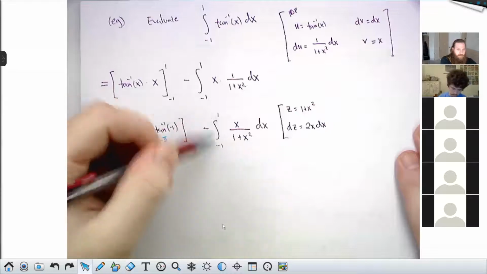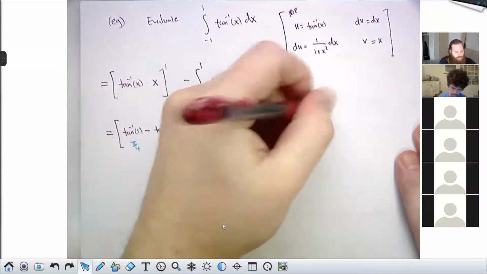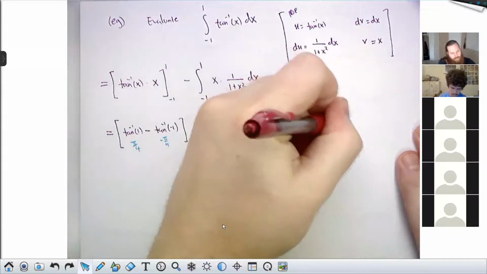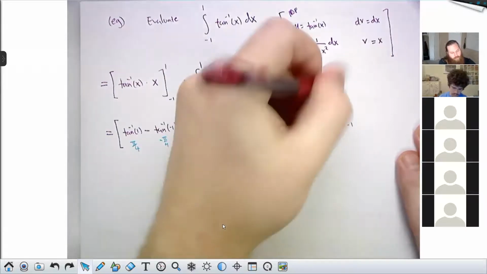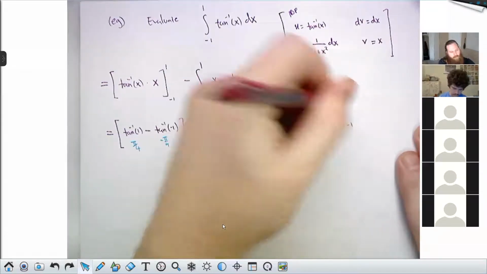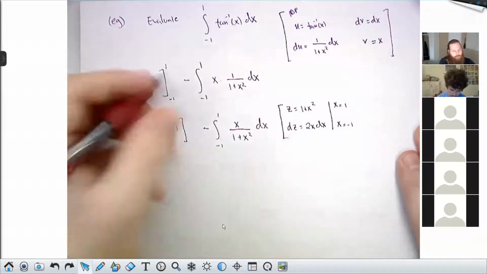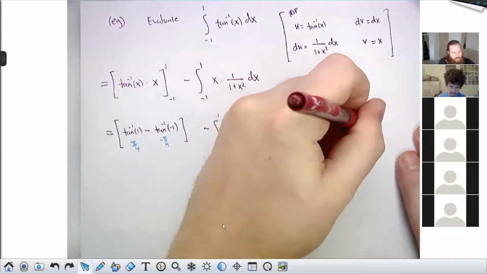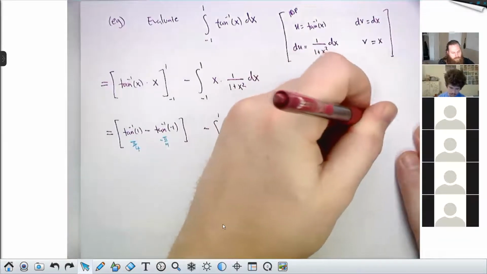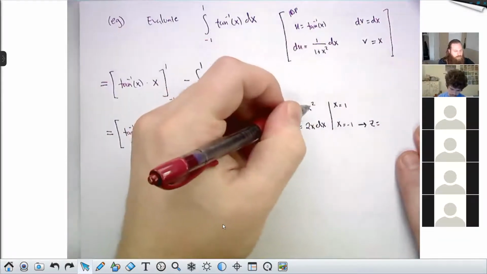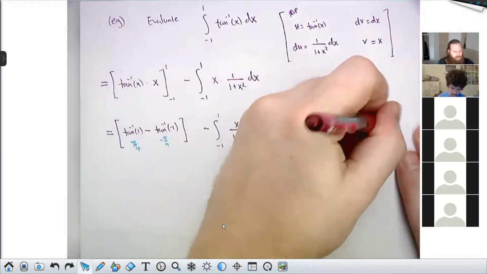Because this is a definite integral, I also need to change my bounds, and something funny is going to happen here. So I'll write my old bounds. My old bounds are x equals negative 1 and x equals 1. When x is negative 1, z is going to be 1 plus negative 1 squared. Well, that's 2.